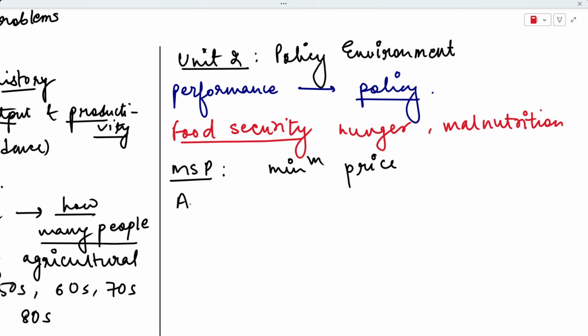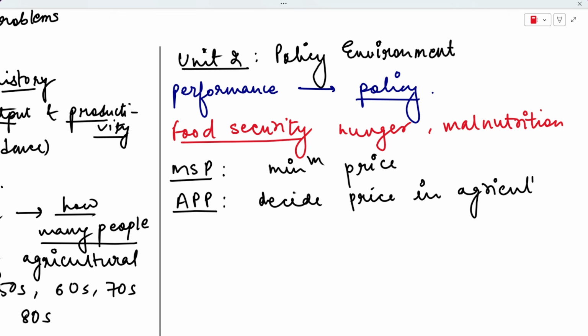Then there is something called agricultural price policy. This means how the government decides prices in agriculture. Agricultural price policy is going to tell us about that. Then we're going to talk about subsidies and cash transfers.